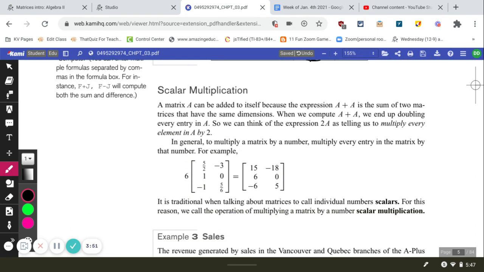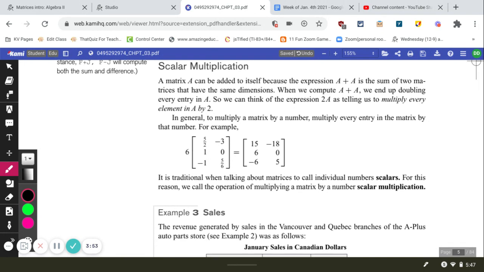Anyway, scalar multiplication. Instead of adding a matrix to itself several times, they have these scalars. Just think of it as a way of scaling something up, scaling information up. So basically, you're taking a matrix, and this number out here is your scalar.